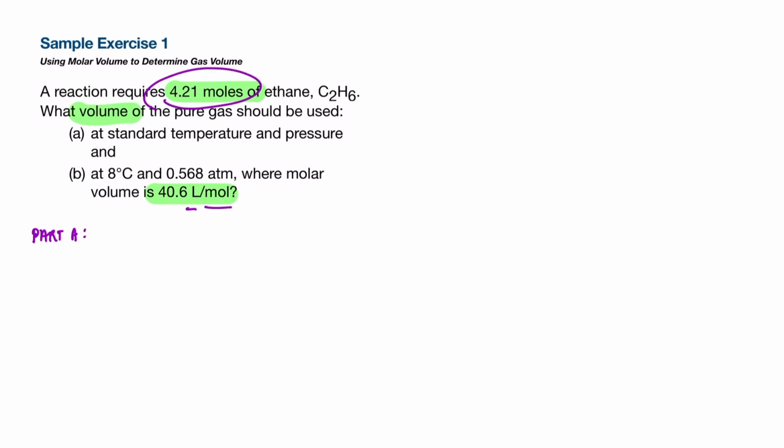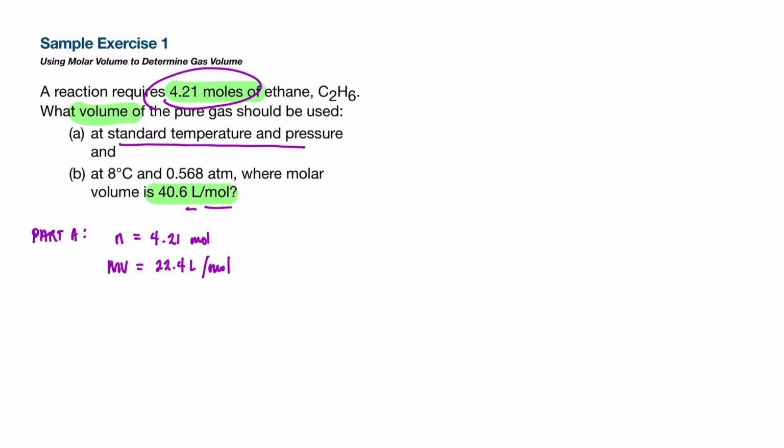This quantity will be our n, and that is 4.21 moles. That is the number of moles of ethane. And for letter A, it is specified that we are looking for the volume of pure gas at standard temperature and pressure. Therefore, we know that at standard temperature and pressure, the molar volume is 22.4 liters per mole.